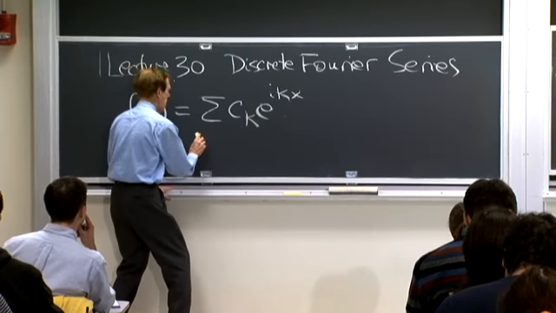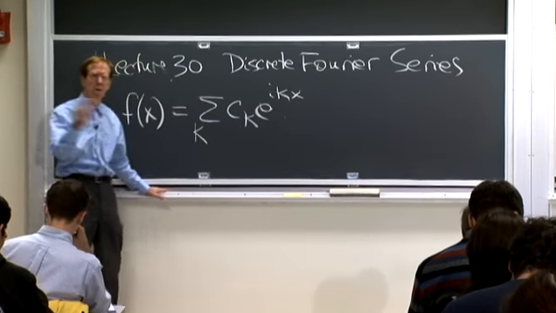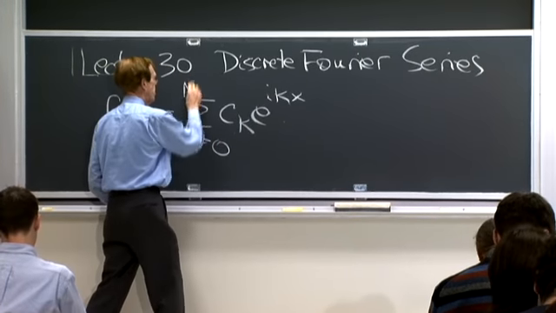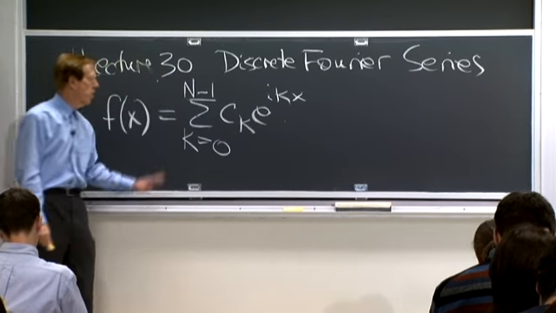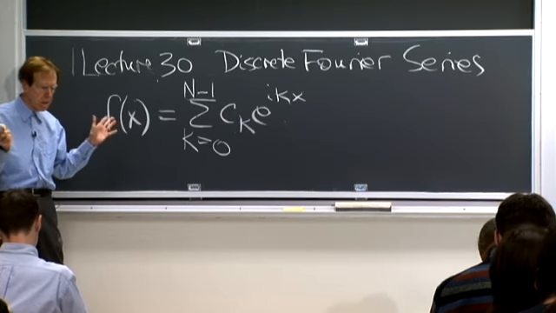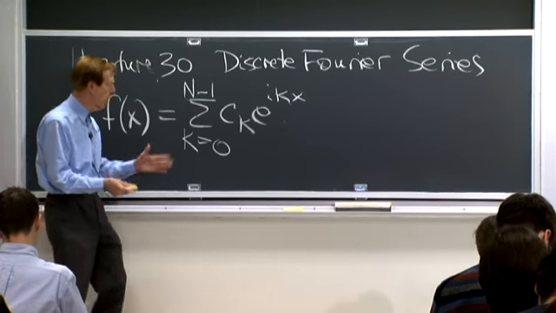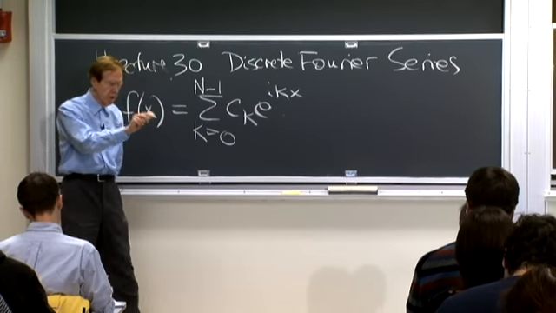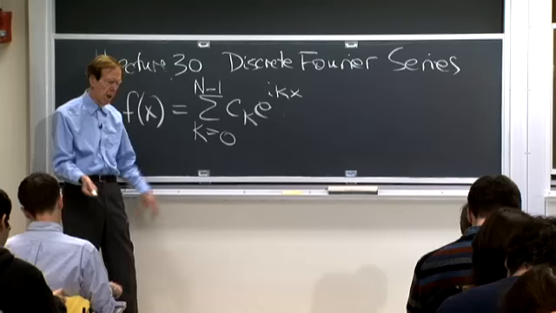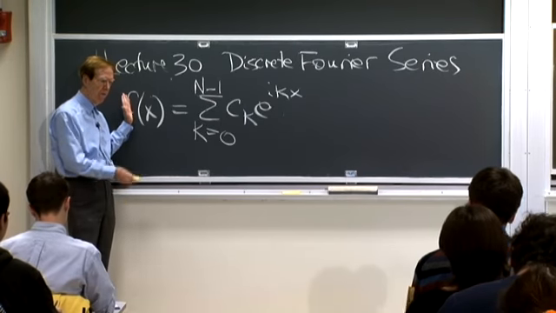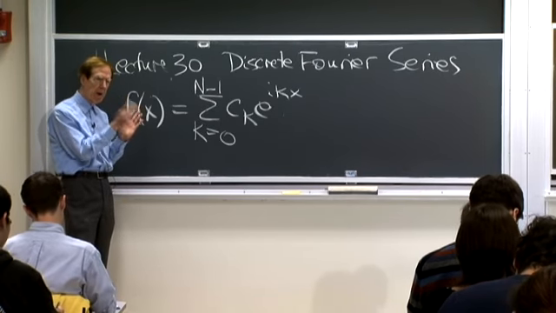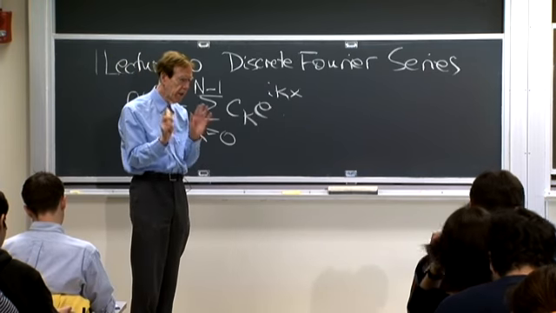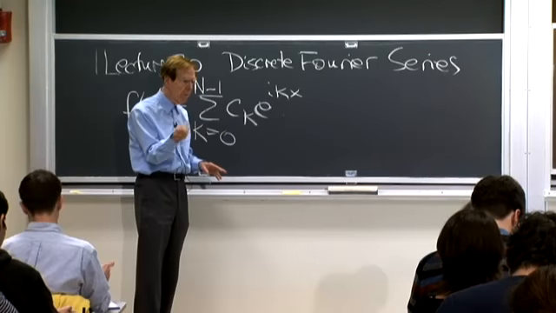So this k, I could go 1 to n, but the best way is 0 to n minus 1. So that's the discrete series. We're going to be dealing with a vector, c0 up to c(n-1), and a vector of function values, vector to vector. So a matrix is going to be the key to everything here, an n by n matrix.